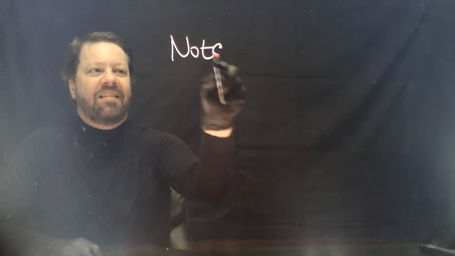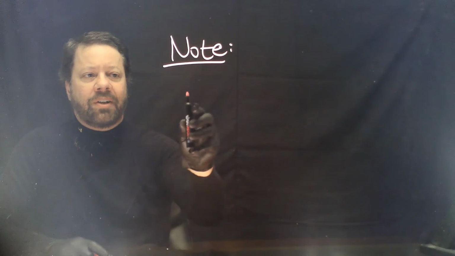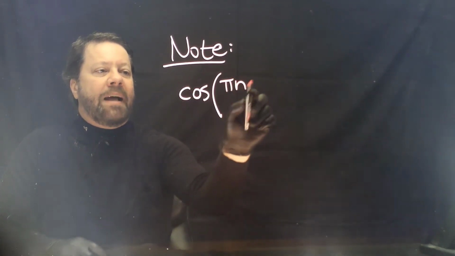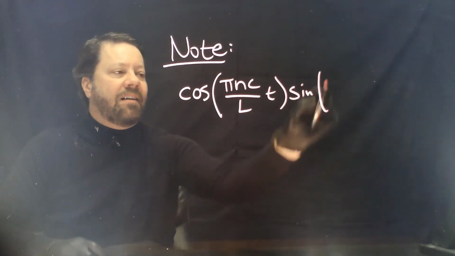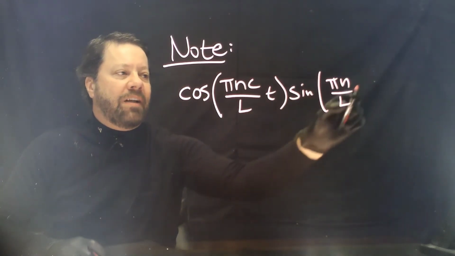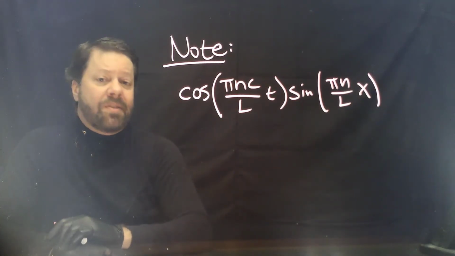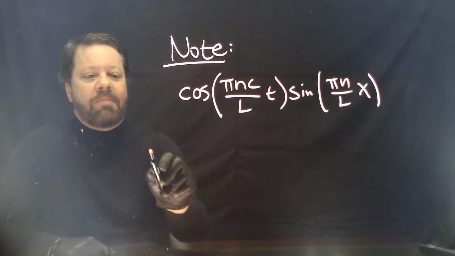Note, in considering the Fourier series solutions that we constructed earlier, consider the cosine of pi nc over L t times the sine of pi n over L x. This is a product, and so maybe we should use the product to sum identity.